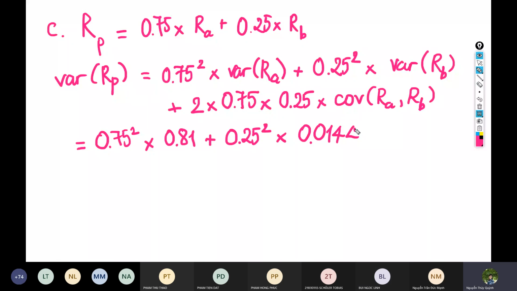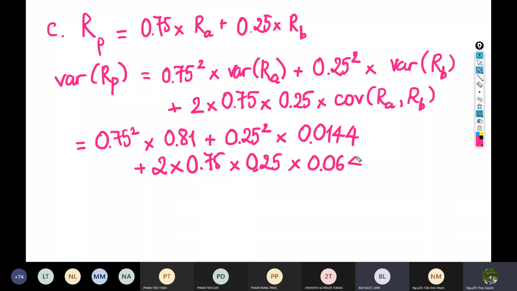All right, and then plus 2 times 0.75 multiplied by 0.25, and multiply by the covariance 0.0648. All right, and then what is the result?